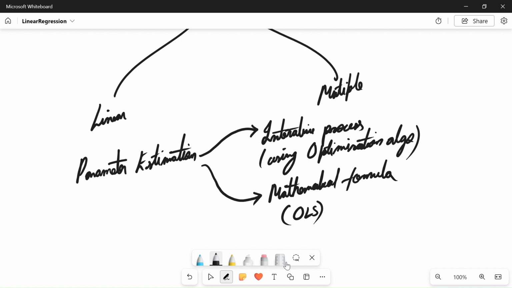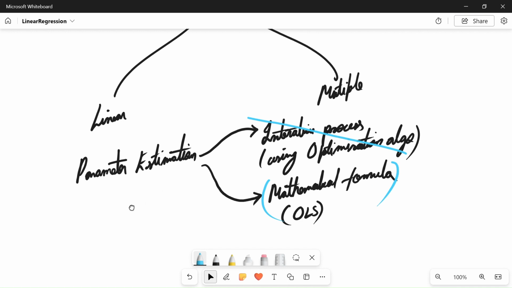It's actually a very manual process kind of, but the optimization algorithm is an iterative process. We won't be discussing the optimization algorithm or the iterative processes for parameter estimation. Instead, we'll be focusing on the OLS part.